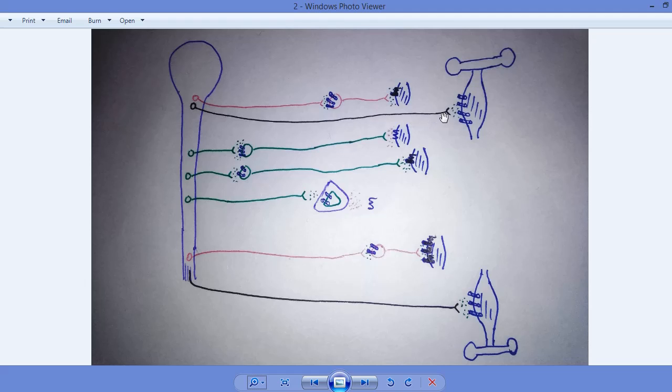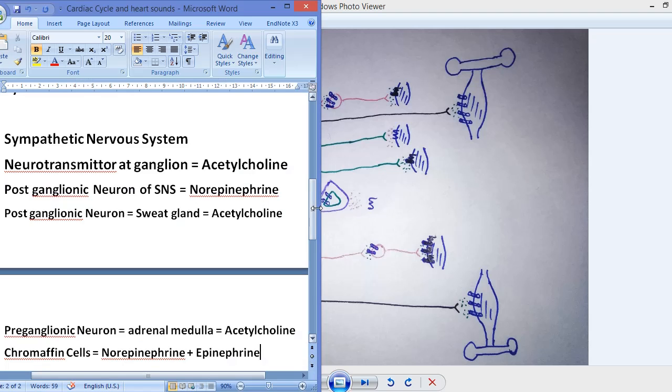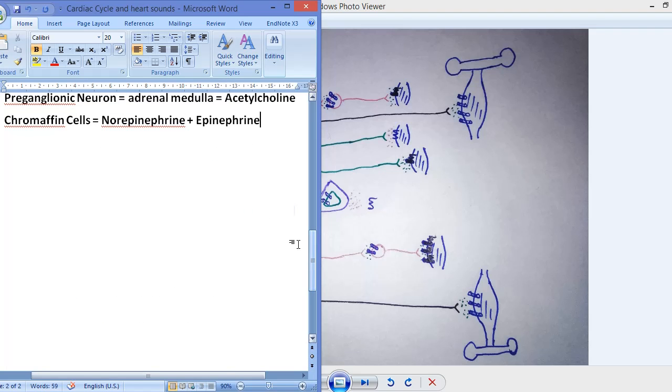So this somatic nerve fiber activates the nicotinic receptor by the acetylcholine.